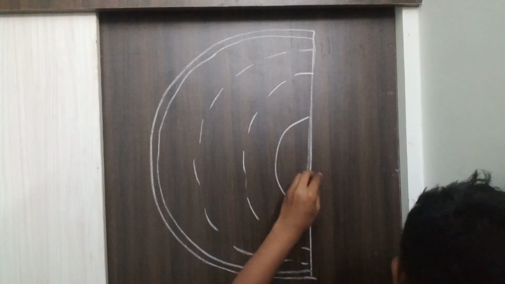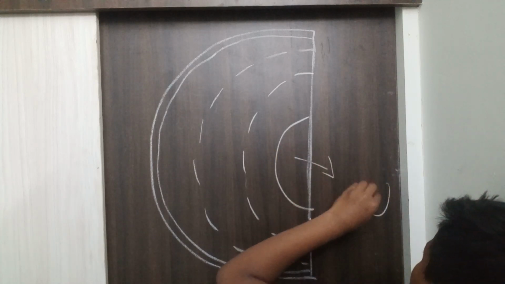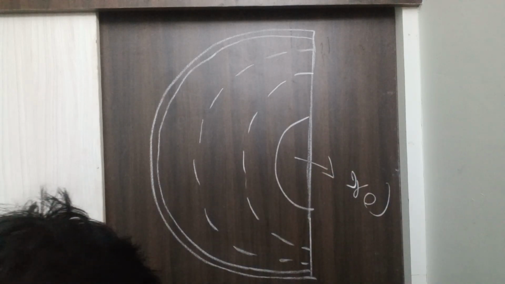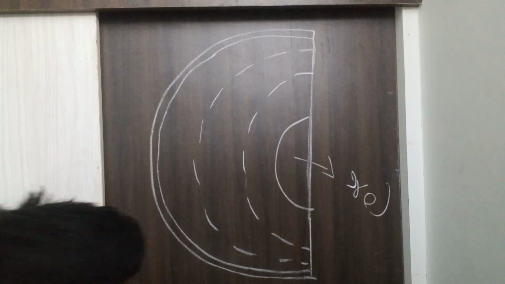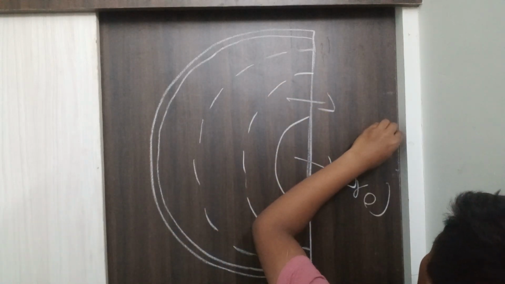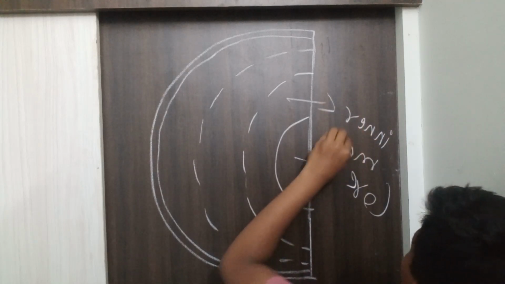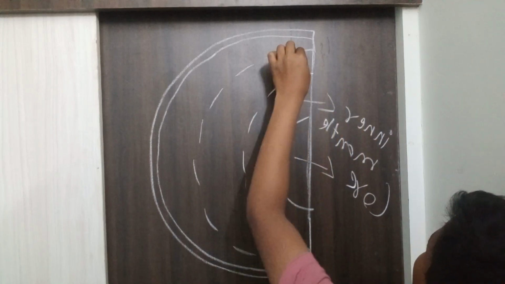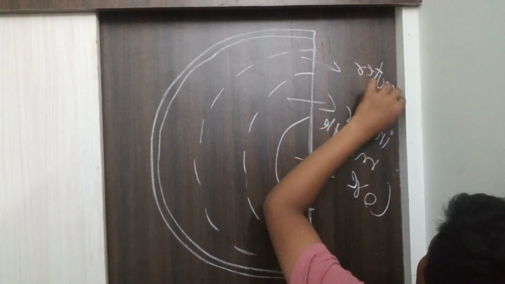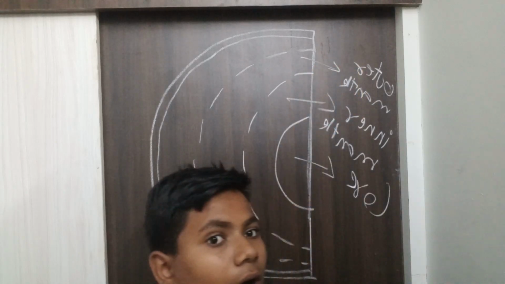So core, this is the core. Then comes mantle. This is the inner mantle, and this is the outer mantle. Okay.